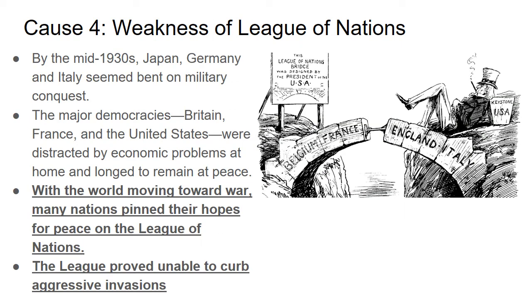So we have these new regimes or new ideologies coming to the fore in Germany and Japan and Italy. And a lot of the promises that those governments are making is that they are going to heal their nation. They're going to bring back the nation's strength and pride and glory and make them great through military conquest.